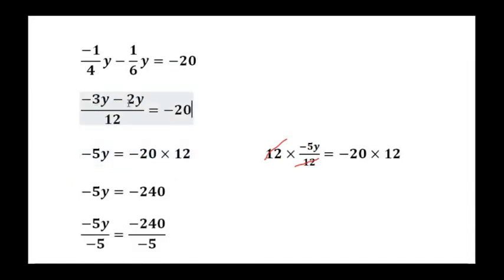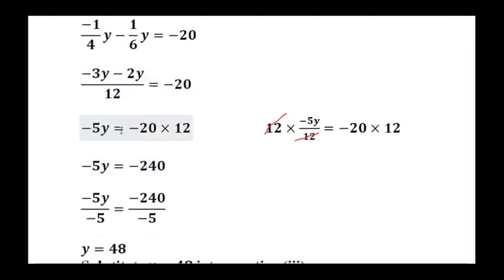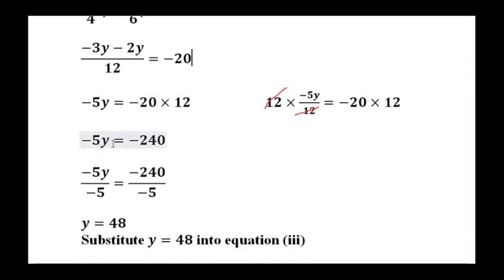-3y - 2y is -5y. Since we are solving this equation for the variable y, I'll multiply both sides of the equation by 12. We get -5y = 12 times -20 = -240.